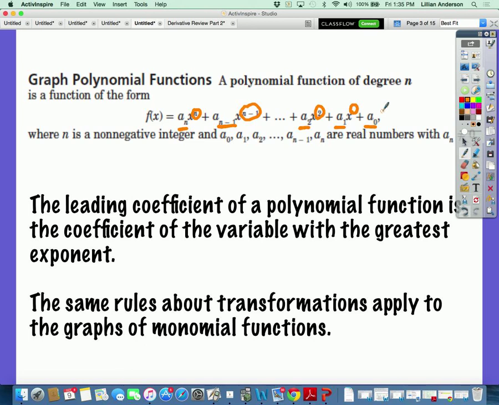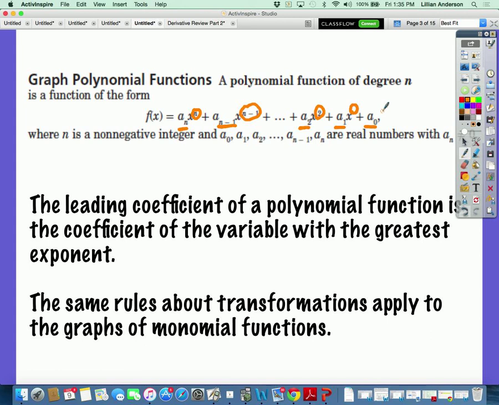It would have been -2, because your largest degree is what? It's a 6, okay? So even though it wasn't in standard form where all your exponents were decreasing, your largest exponent is 6, which means the number attached to it is your leading coefficient, okay?